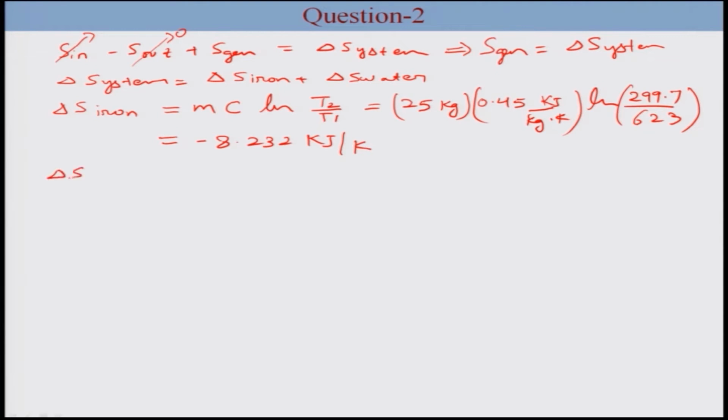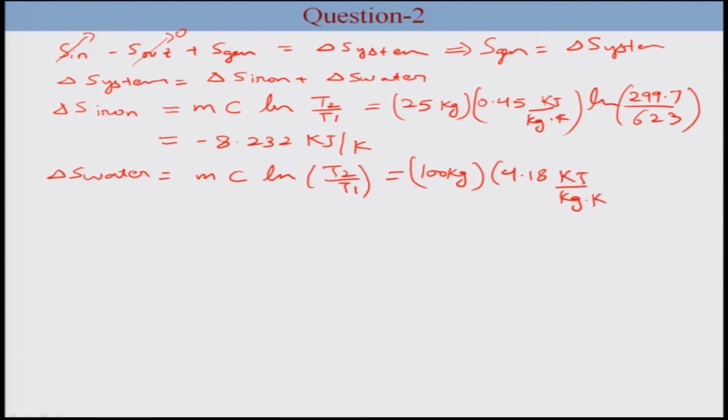Similarly, change in entropy of water is equal to mass of water multiplied by the specific heat into ln T2 by T1 for water. So, this is equal to 100 kilogram multiplied by 4.18 kilojoule per kg Kelvin into ln 299.7 divided by 291.